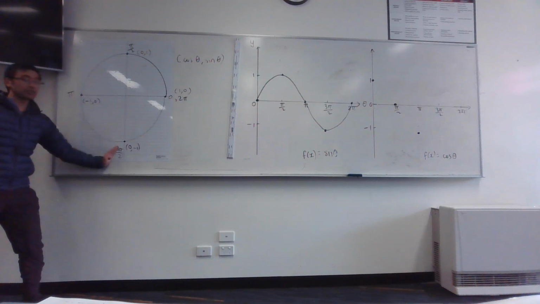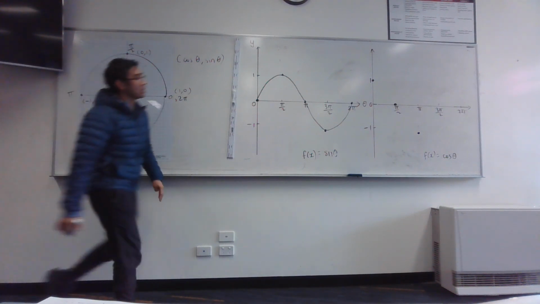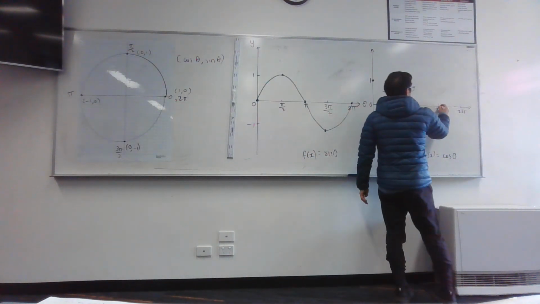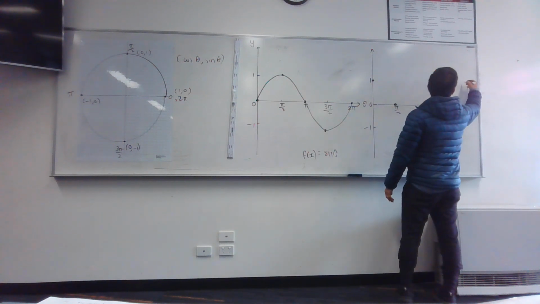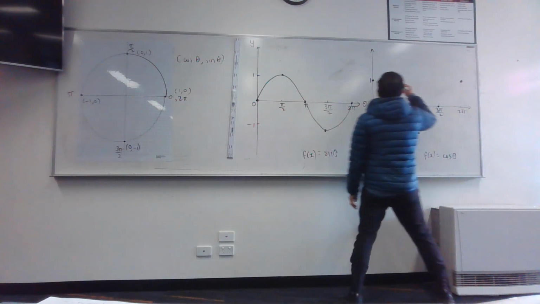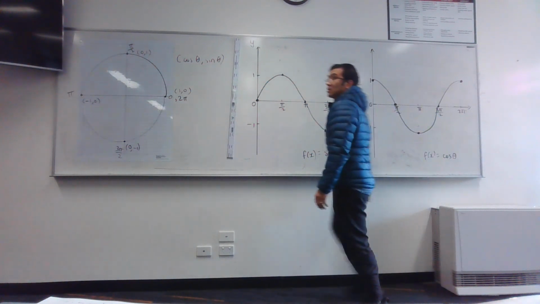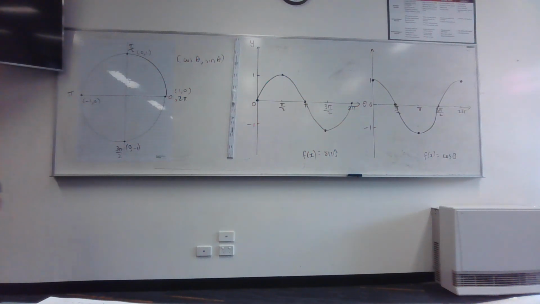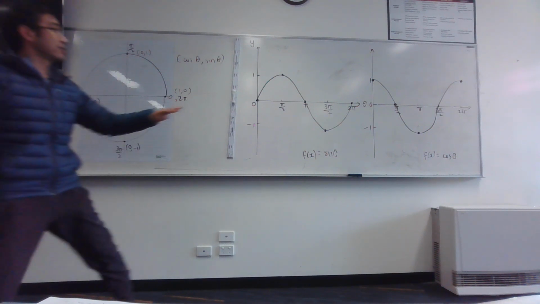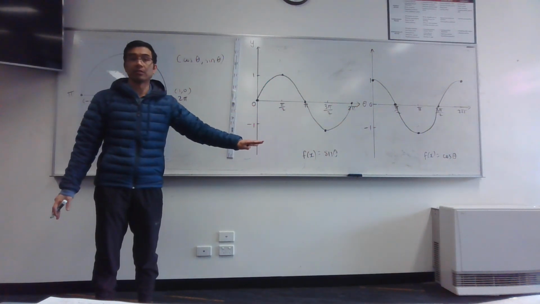Then we walk down here. 3 pi on 2 is 0. Back to 0. And 2 pi is back up to a 1. This is the cosine graph. Like so. You always refer to these basic graphs because there'll be variations of these basic graphs when we start graphing.